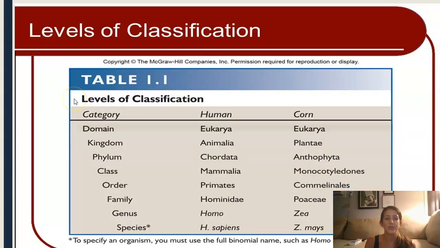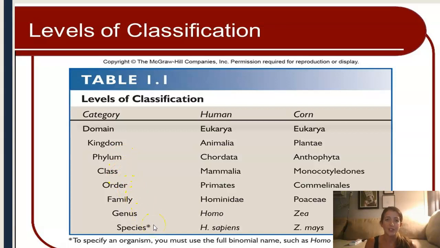Okay, so what do these names mean? It's our classification system. Domain is the most general group. You're either eukaryotic, archaea, or bacteria. And then as we break these groups down into smaller and smaller to get more specific as we go down, there's domain, kingdom, phylum, class, order, family, genus.